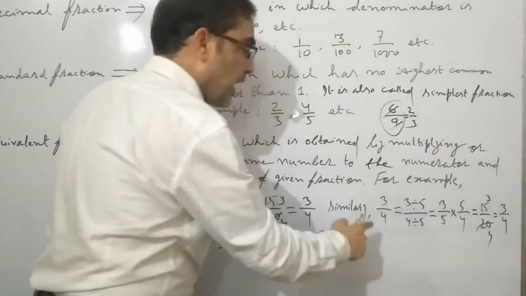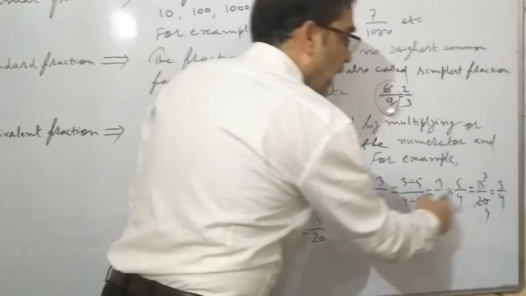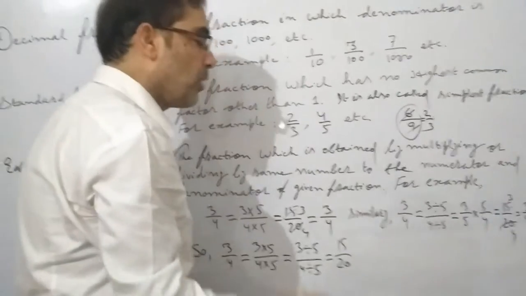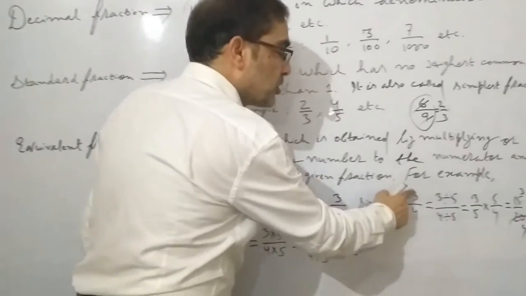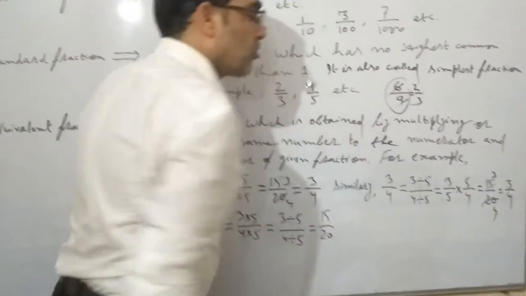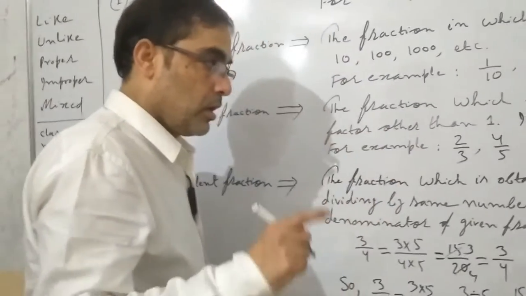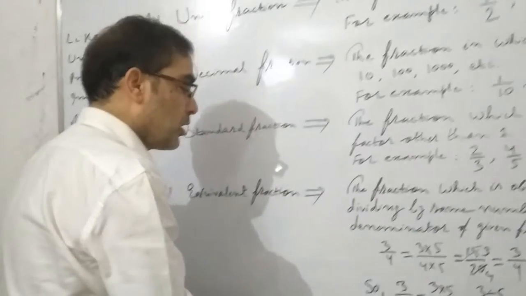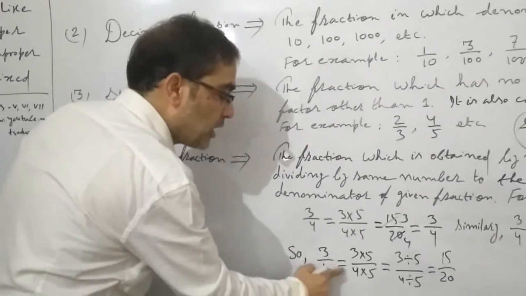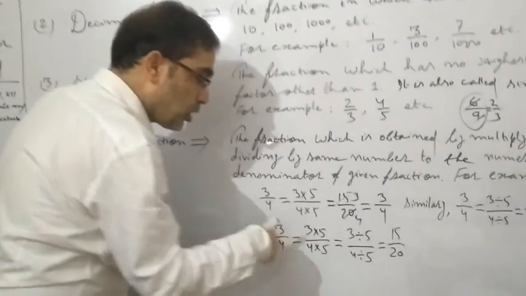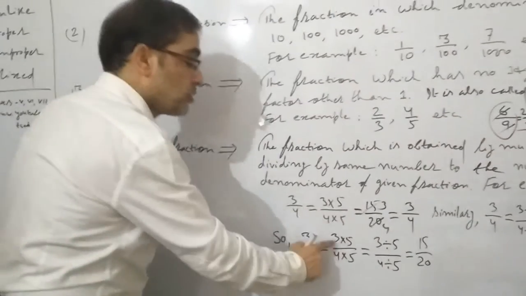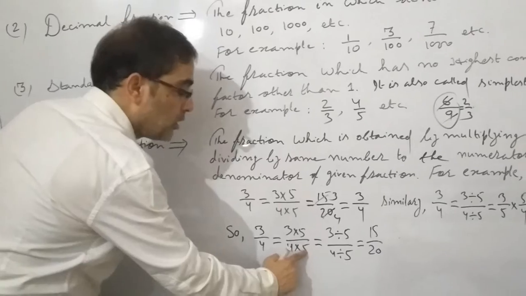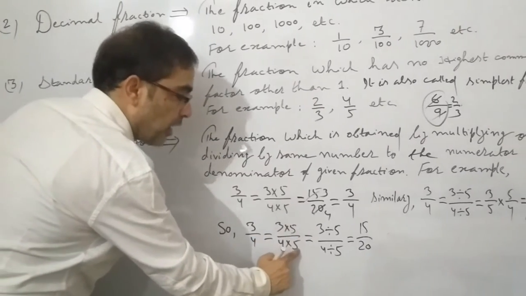So we can say that 3 by 4 and 15 by 20 are the same, and since they have the same value, 3 by 4 and 15 by 20 are equivalent fractions.